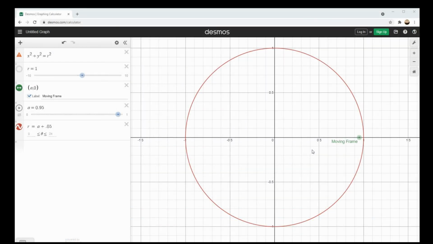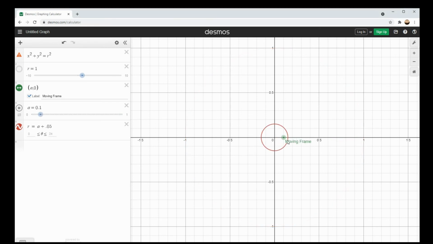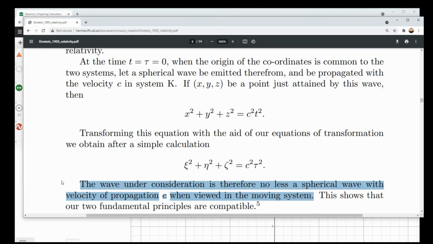Someone that believes in relative simultaneity would tell you that you get that ellipsoid because you plotted out all of these different moving times, or moving taus, and you can't do that. Instead, you have to line up the tau coordinates and draw a circle around this moving frame, which is obviously what Einstein wants to convince you of.